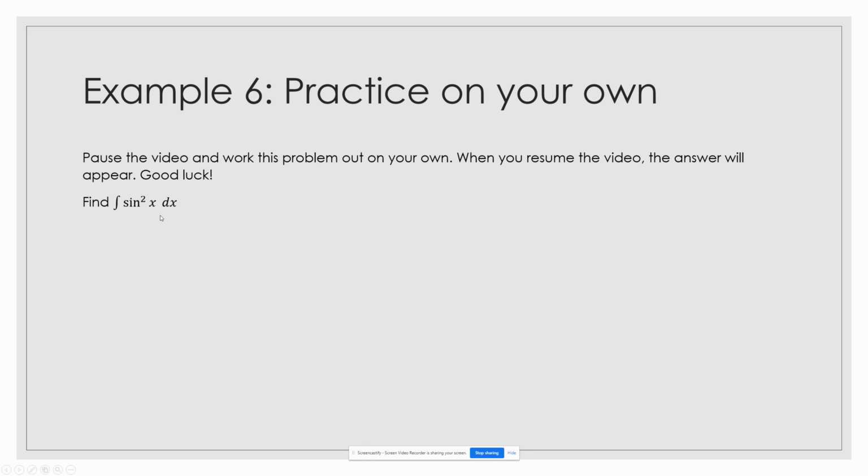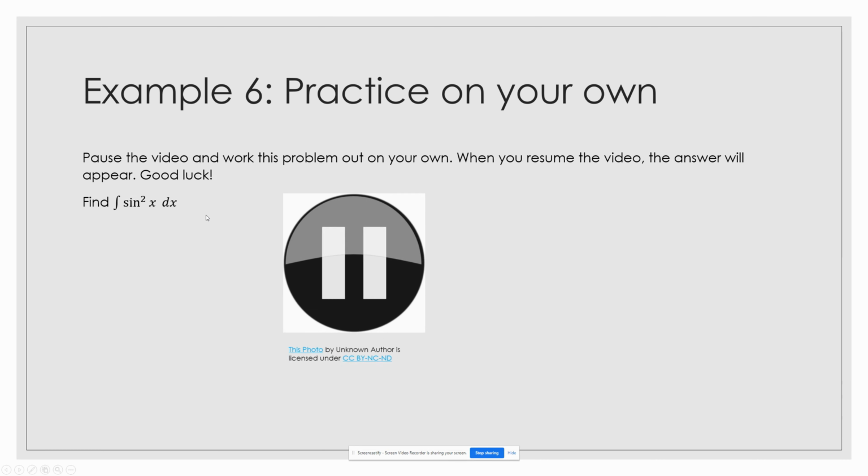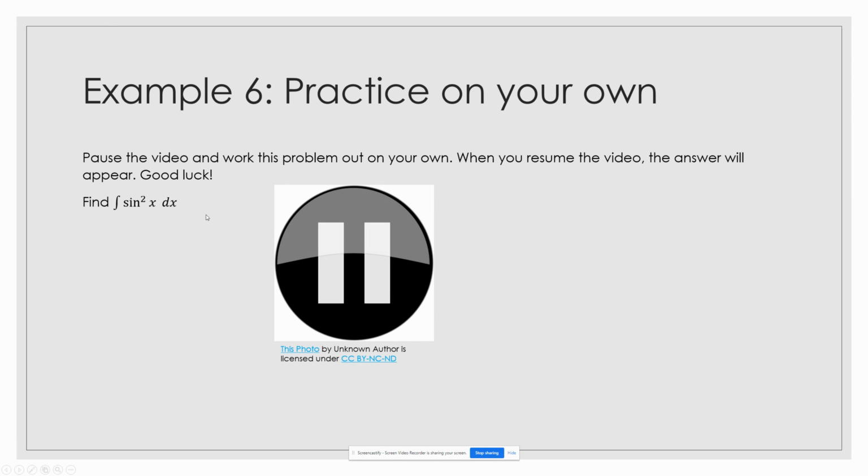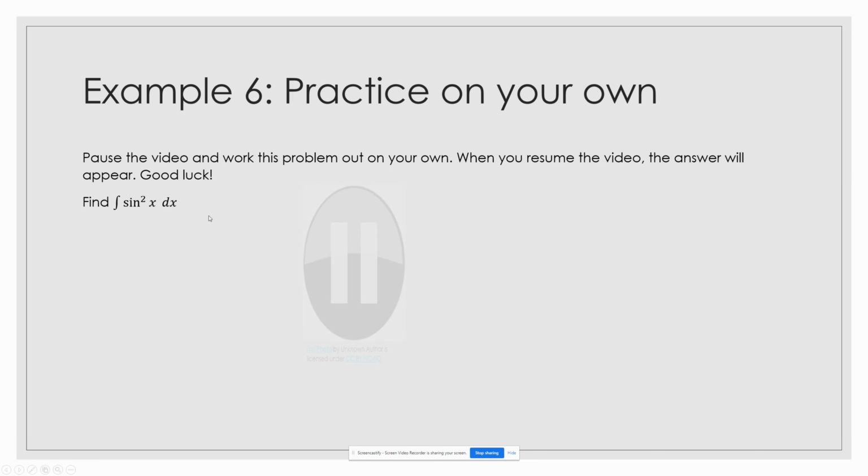That's not your only option, though, of course. Okay, so hopefully you had some time to work that out, and we get the answer to be x over 2 minus 1/4 sine of 4x plus c.